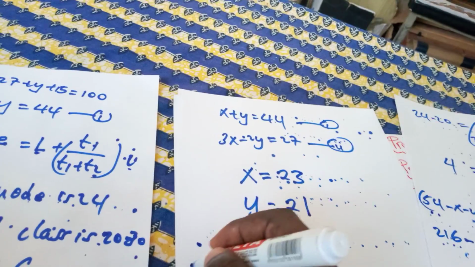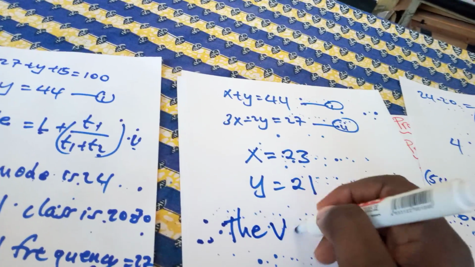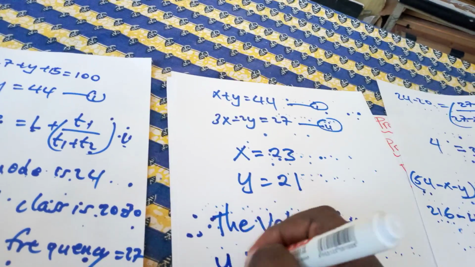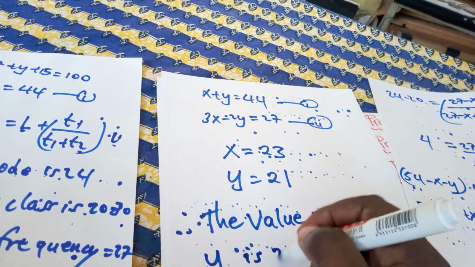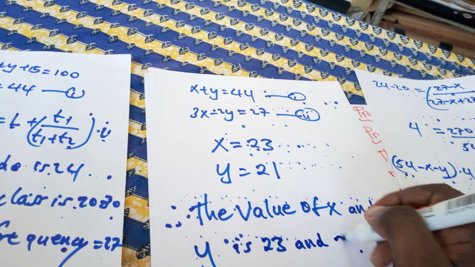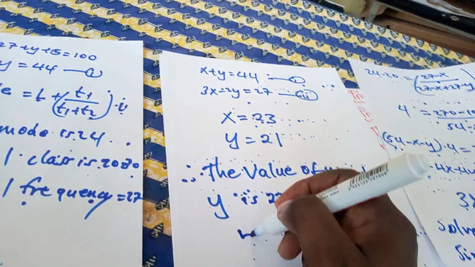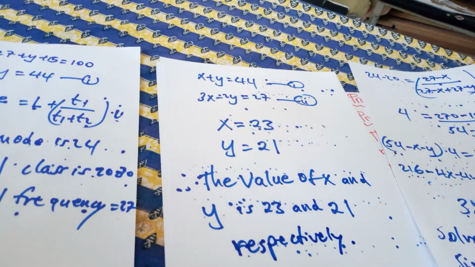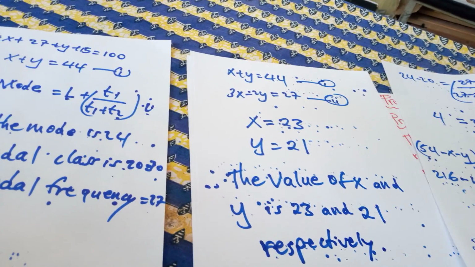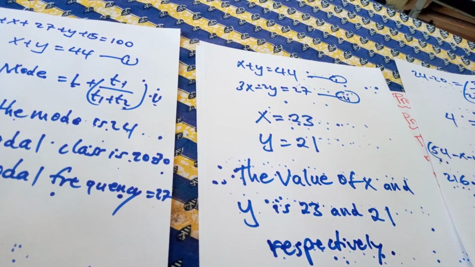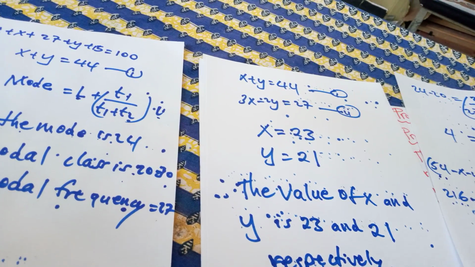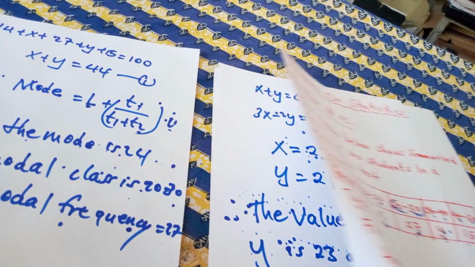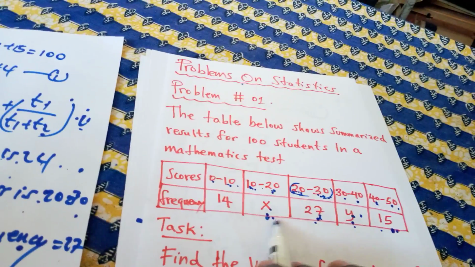Therefore, you conclude that the values of x and y are 23 and 21 respectively. This is how to find the values of x and y if you are given the mode and two unknowns in the frequency distribution table, as shown in our question.